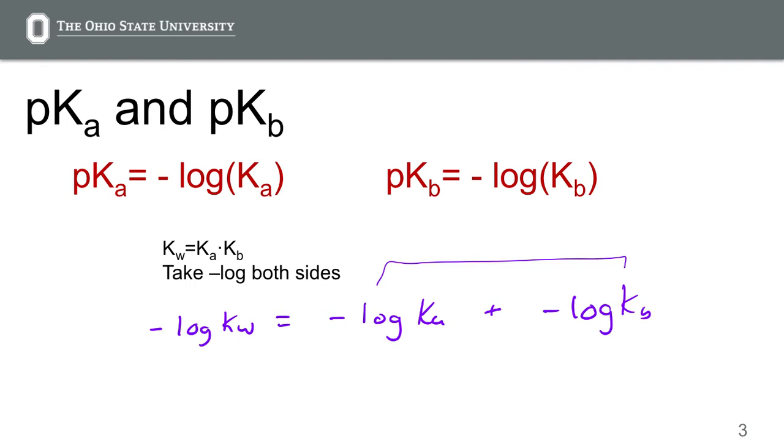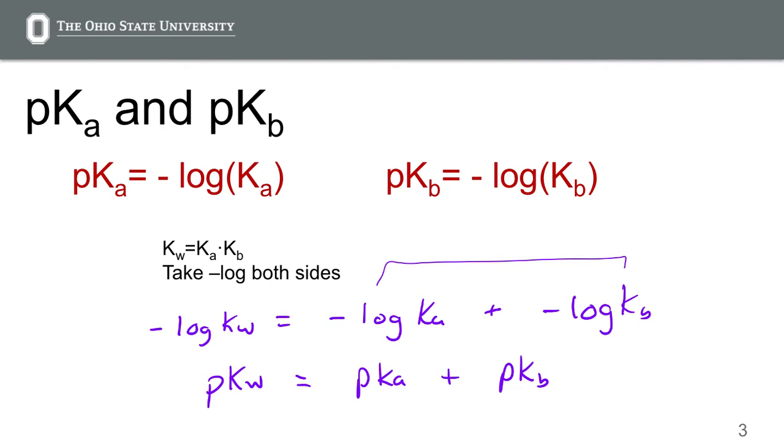What we'll end up with is pKw equals pKa plus pKb. And this is a useful equation too, because sometimes we're given pKa values. You're going to see pKa a lot if you take organic chemistry.